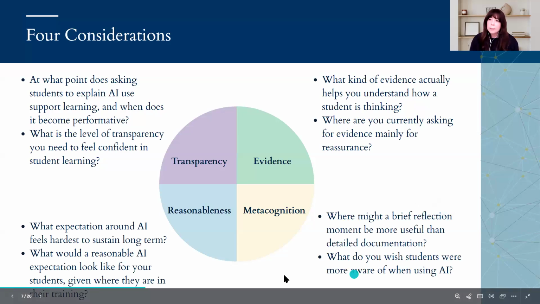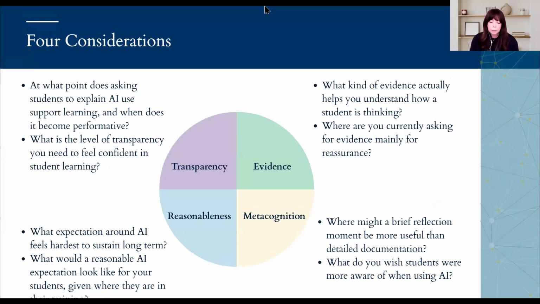This is something that we'll talk about more extensively later in today's session, but how can we build useful pauses into the process of AI use in which students engage in reflection? How can reflection be a useful, different form of documentation of student AI use? And questions about what we wish we knew more about how students were using AI. Those will surface a little more as the workshop progresses.